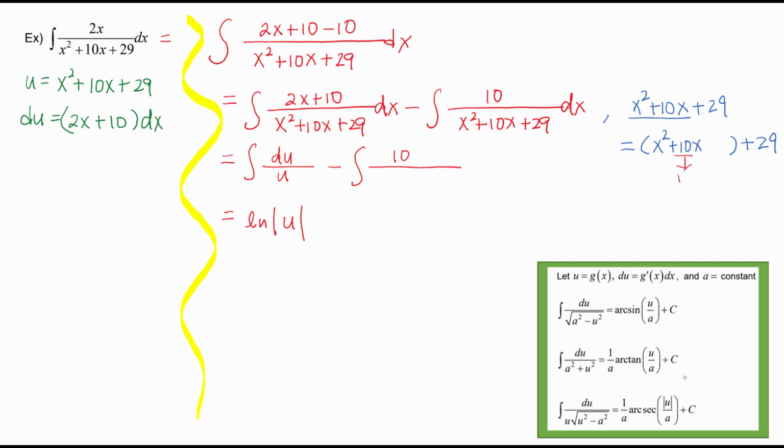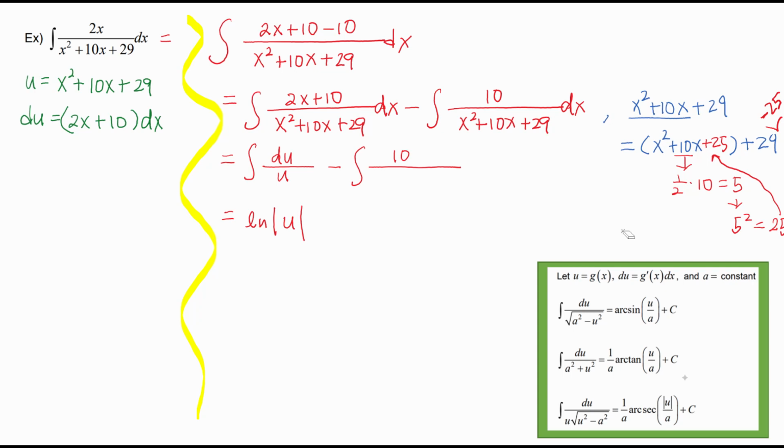It's half of 10, which is 5, and you want to square the 5, which is 25. So you need 25 here in order to complete the square. And since there's nothing in front of the parentheses, there's nothing to be distributed to the 25. So purely you created a positive 25 that was not there before. So you need to subtract 25 outside of the parentheses to compensate for that.